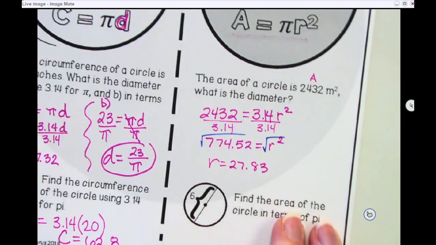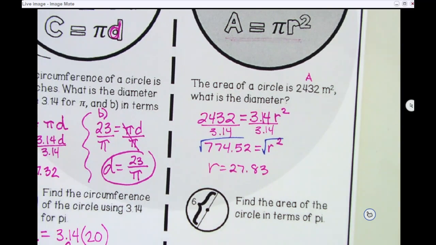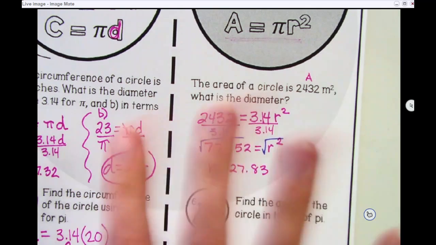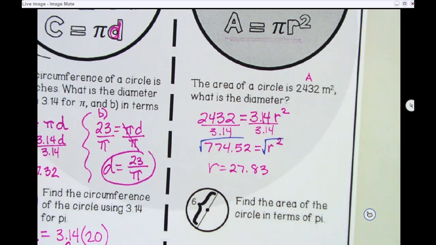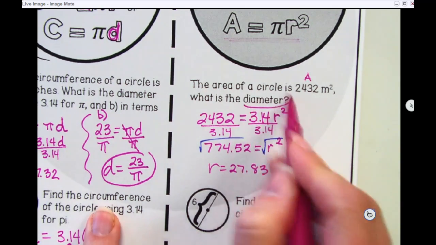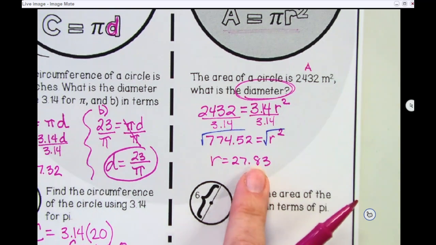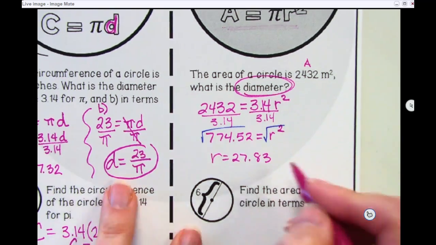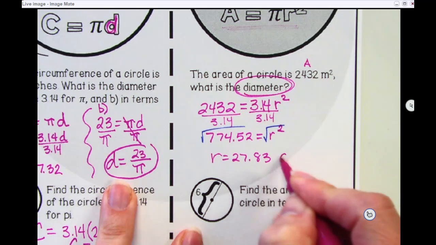I typed that in my homework and it tells me try again. Why is it wrong? All the math there is right. Okay, it asks for the diameter, right? Sometimes we get carried away and we think we're done because we solved, but it wants the diameter. I know a radius, so I need to times that by 2.